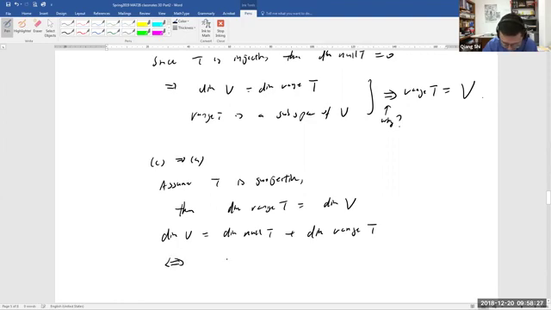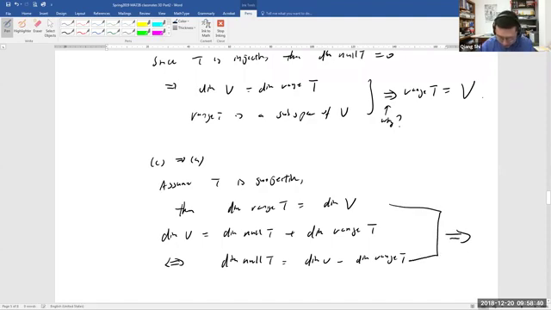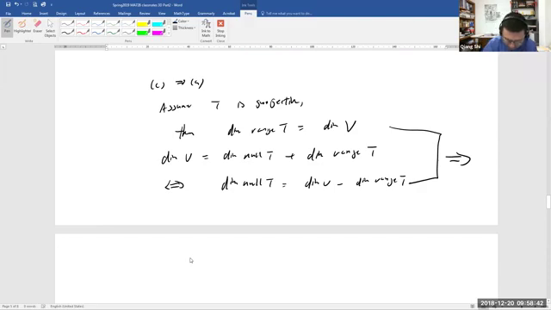This is equivalent to the dimension of null T being the dimension of V minus the dimension of range T. But these two conditions together tell us the dimension of null T is equal to 0, because T being surjective means the range and V are the same. They have the same dimension, so the difference is equal to 0.